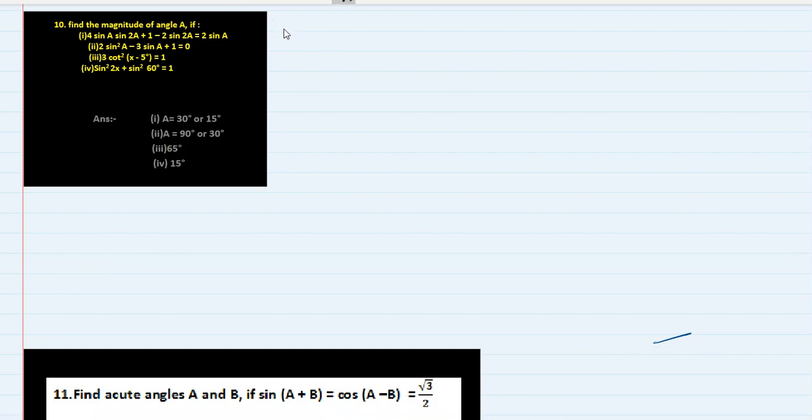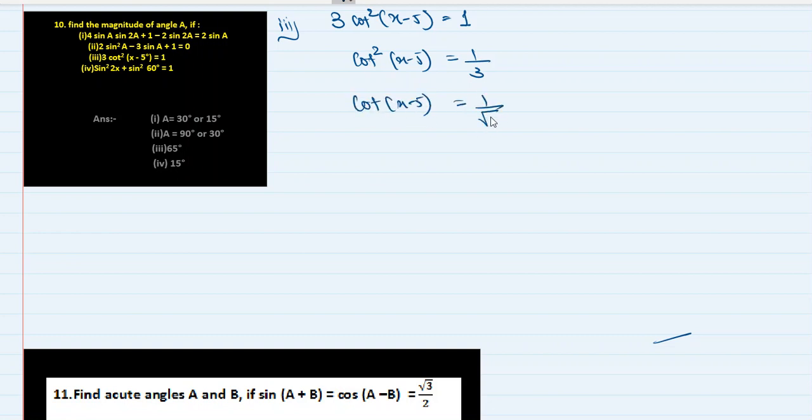Let's do the third question. Third question is 3 cot square of x minus 5 is equal to 1. So I'm going to write it as cot square x minus 5 is equal to 1 by 3, square rooting both the sides. Cot of x minus 5 is equal to 1 by root 3.